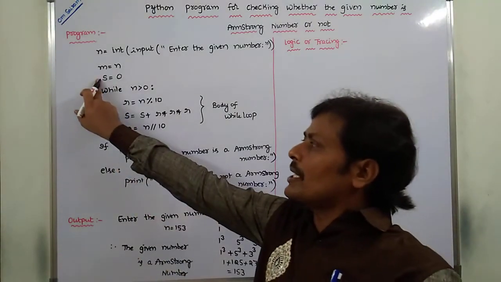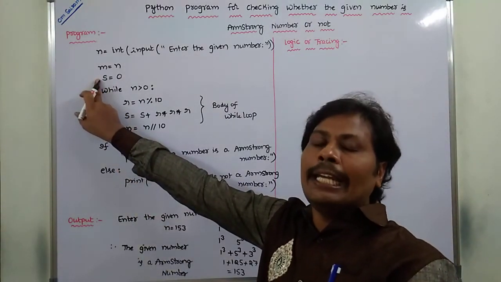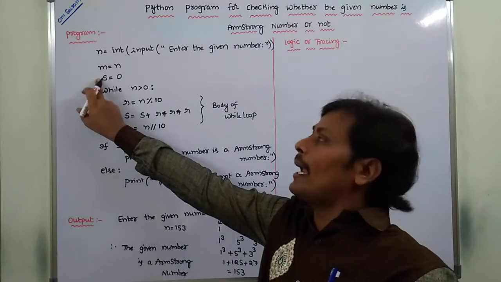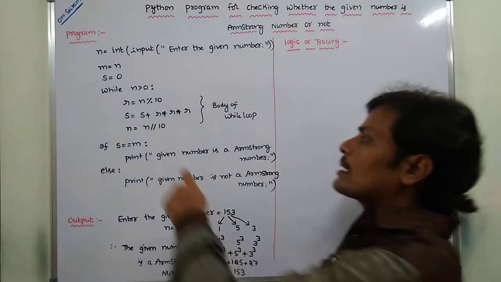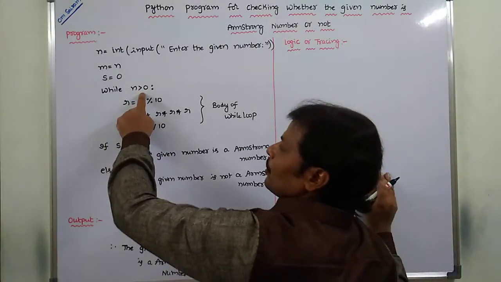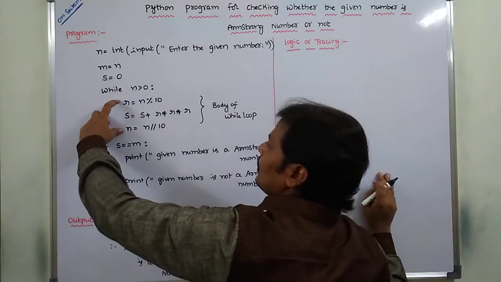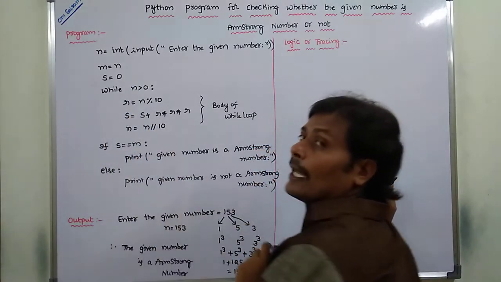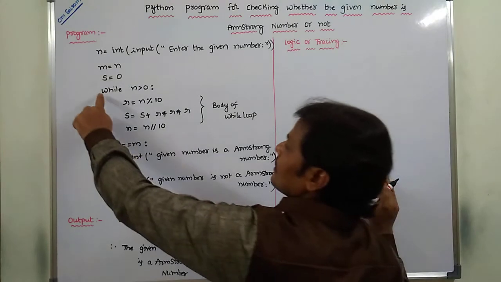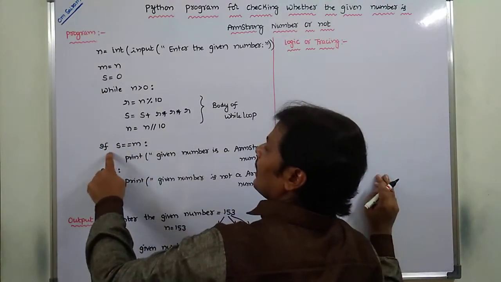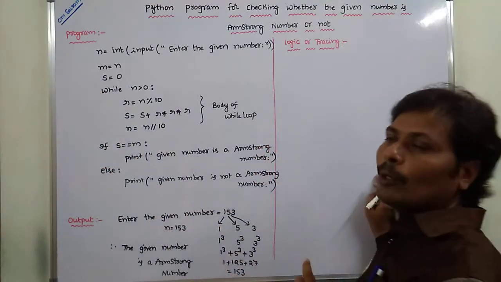Next, initially we are not adding any digits of a given number. Hence sum variable s is equal to 0. Next, while n greater than 0, if this condition is true, these three statements in the body of the while loop are executed. Otherwise, the control goes to this statement. If s is equal to m.